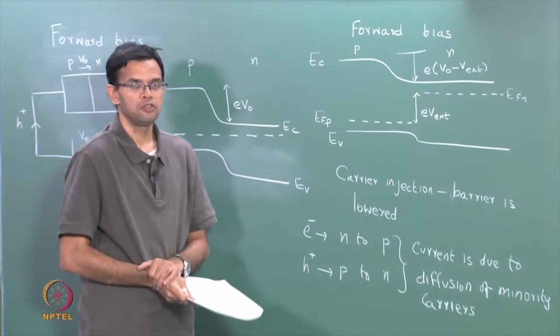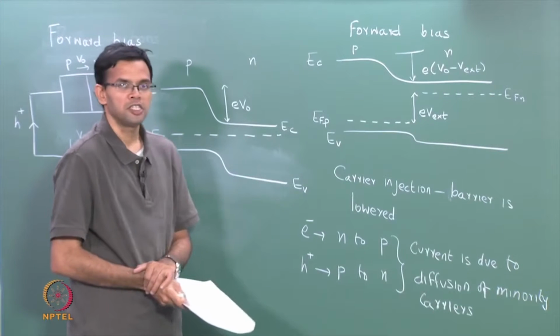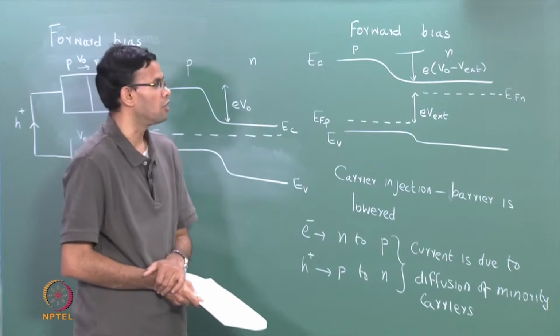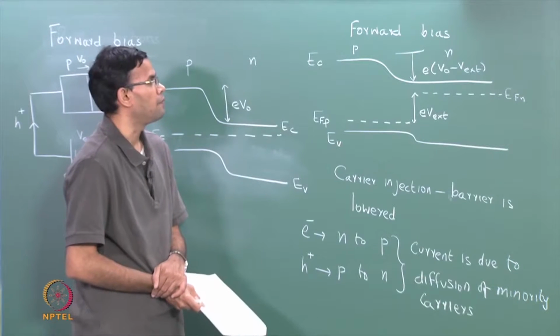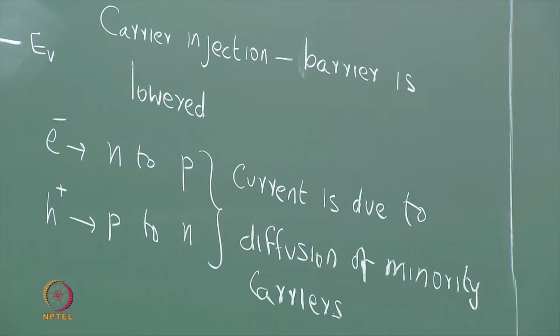So let me now draw the concentration of the electrons and holes across the p-n junction in equilibrium and what happens when we apply a forward bias.